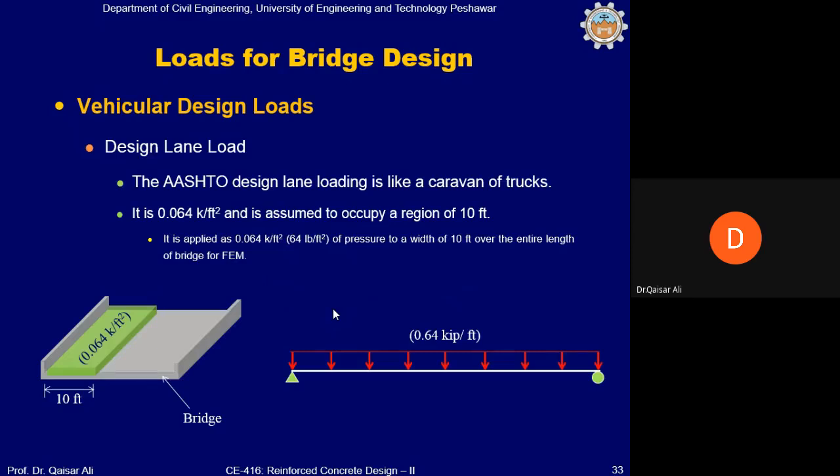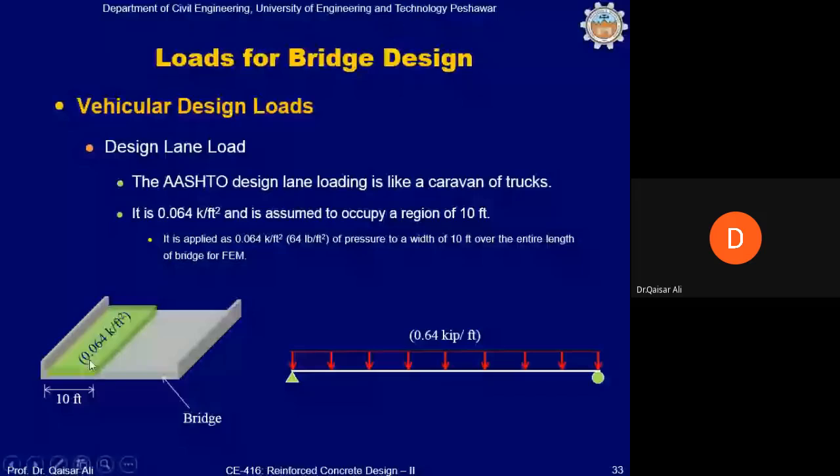Design lane load is a third type of bridge loads defined by AASHTO. The AASHTO design lane loading is like a caravan of trucks. If there are many trucks, one after another, passing over a bridge, then in order to simulate this effect, this lane load has been included by AASHTO, which is basically 0.04 kip per square foot or 64 pound per square foot, and this load is assumed to occupy a region of 10 feet as shown in the figure on the left.